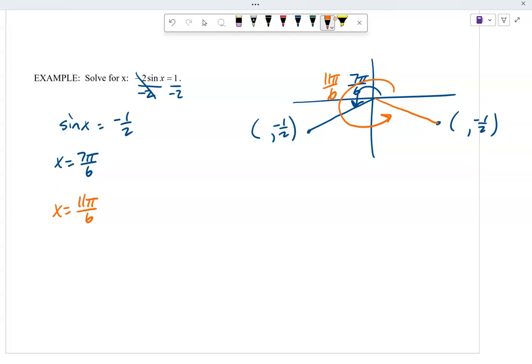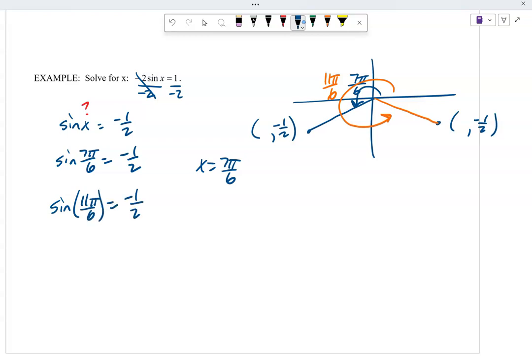This is saying the sine of what angle is negative a half? We know the sine of 7 pi 6 is negative a half, so x could be 7 pi 6. And we know the sine of 11 pi 6 is also negative a half. And that's just in the first period.